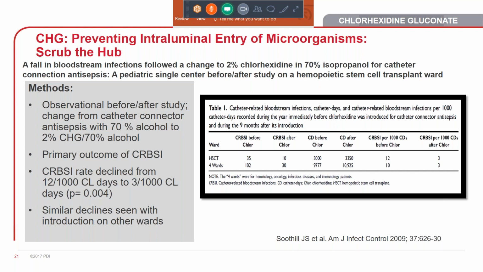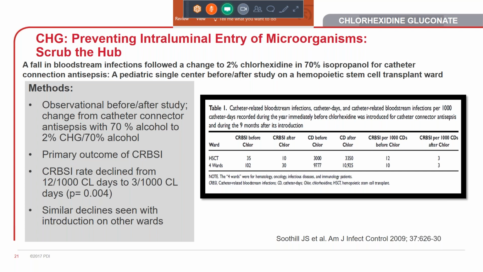You can see from the table here that they cite their data for just the stem cell transplant ward, and then 4 additional wards that house hematology, oncology, infectious disease, and immunology patients. The CLABSI rate declined from 12 per 1,000 central line days to 3 per 1,000 central line days, which was highly statistically significant at a p-value of 0.004.